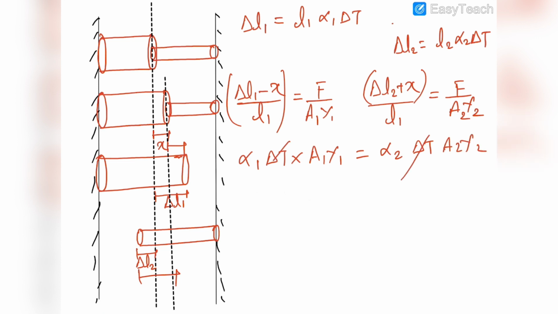So cancelling delta T on both sides, we can see that A1 by A2 will be equal to alpha 2 gamma 2 divided by alpha 1 gamma 1.